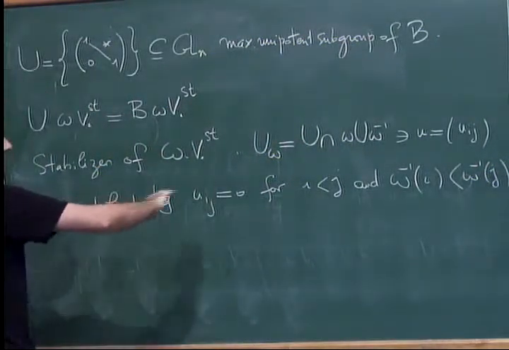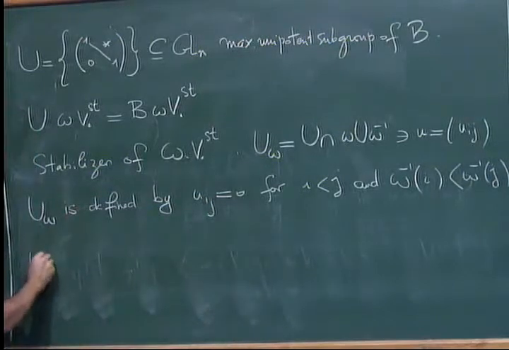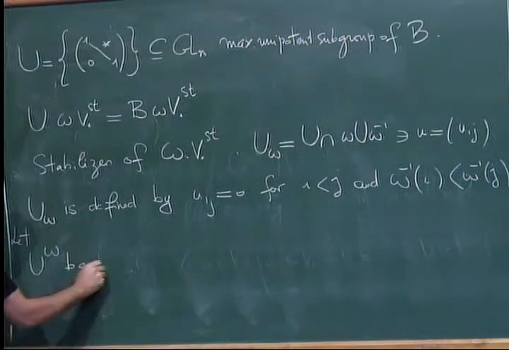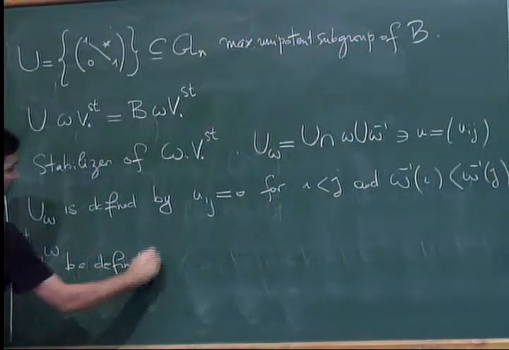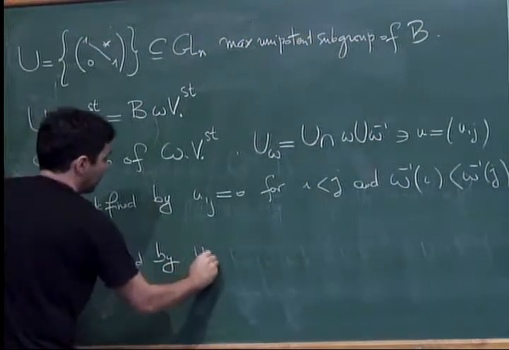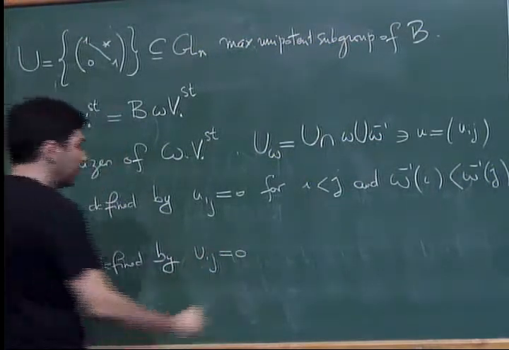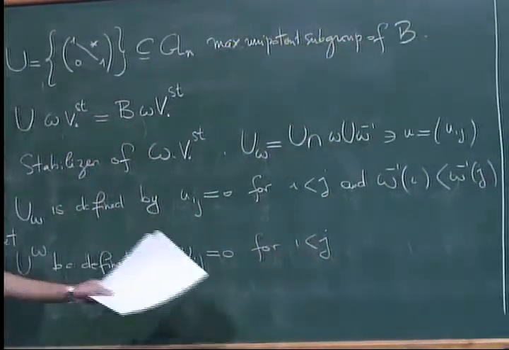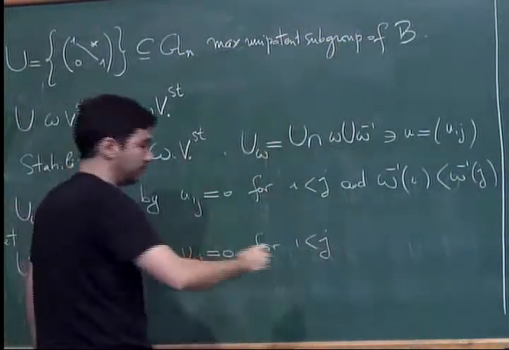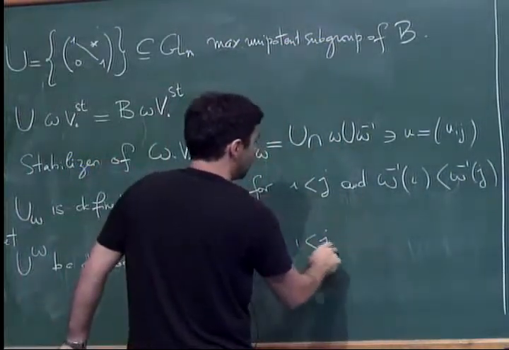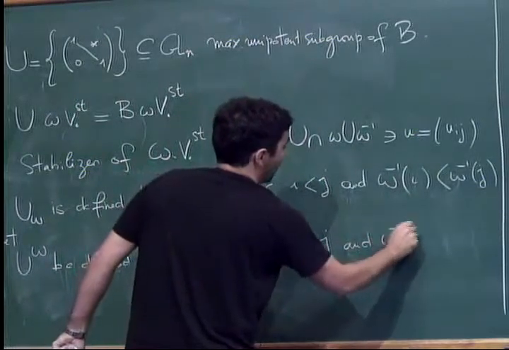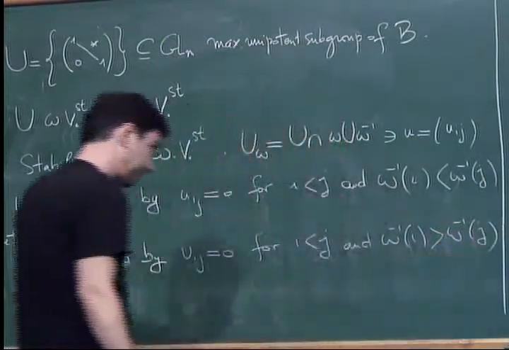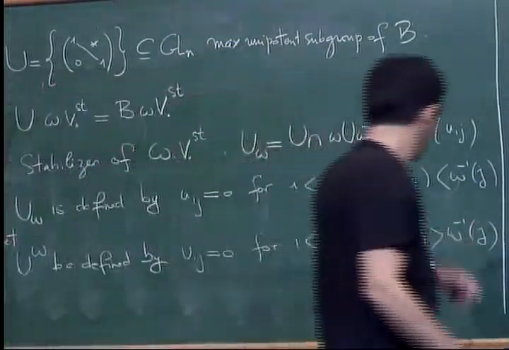Now you can consider the opposite, say U^omega, defined by u_ij equal to 0 for i less than j, so this is inside B, inside U, and omega inverse of i bigger than omega inverse of j.